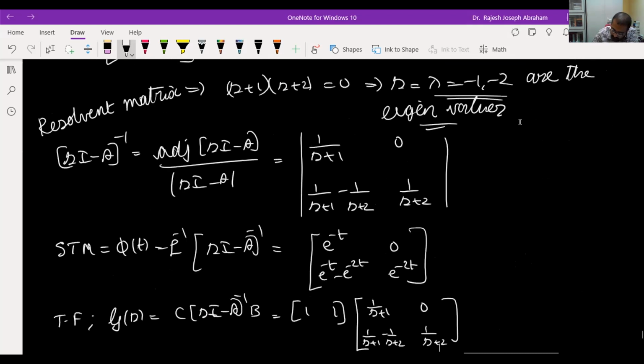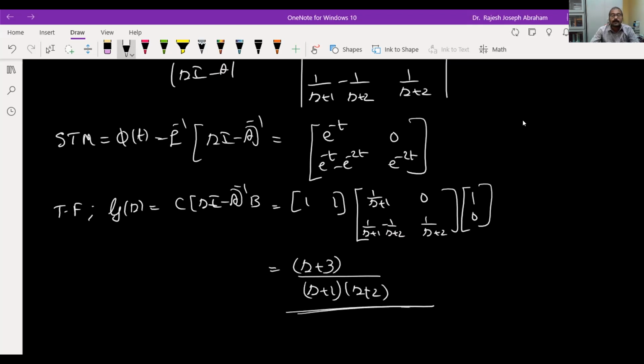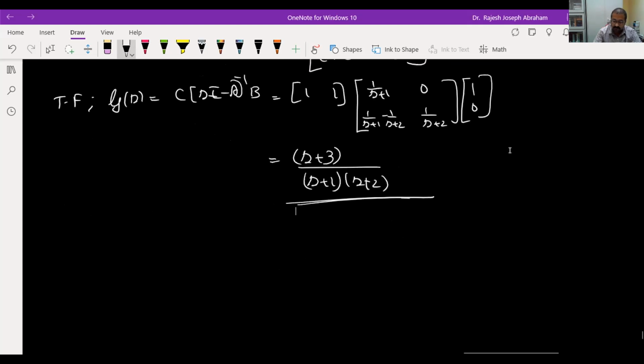B is [1; 0]. First you multiply between these two matrices, then you multiply on top of that with this row matrix. So what will you get in that case? (s plus 3) divided by (s plus 1)(s plus 2). So this will be the transfer function.